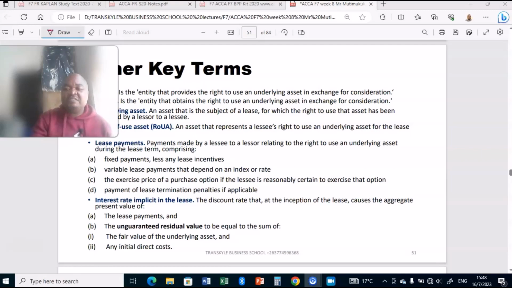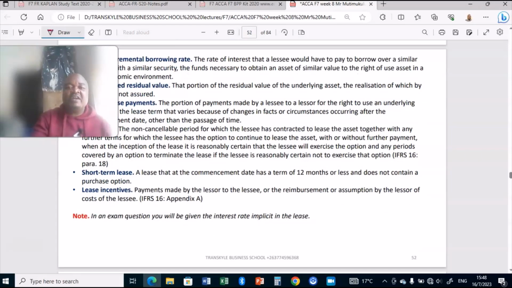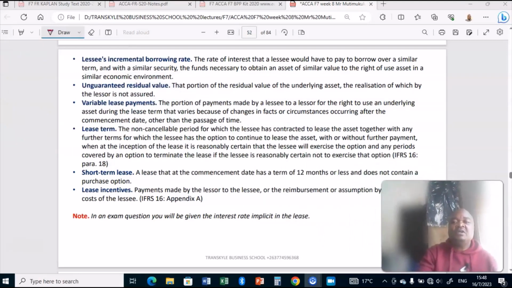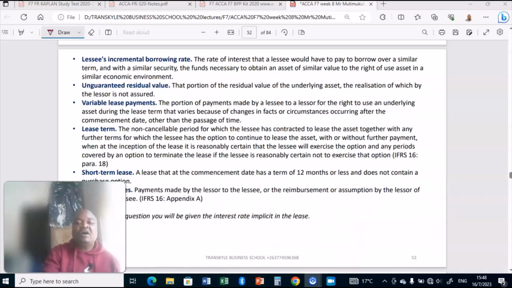Okay, let us proceed to the very important areas of the presentation. These are the definitions, ladies and gentlemen. If you want to copy them down, but I hope you guys have got the textbooks, so you're going to go through the textbook definitions and assimilate the important information for your studies.